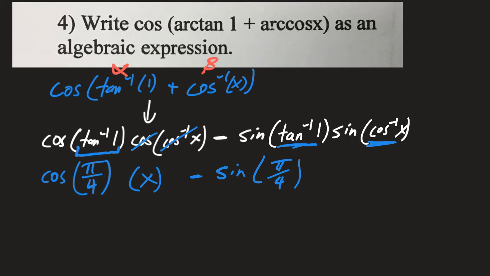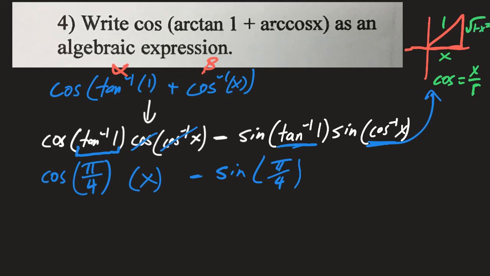You may remember from arc functions that we're actually going to set up a triangle for this and have to solve it out in order to figure this out. And so if we set up our triangle here, we know that our hypotenuse is going to be 1 and the flat side is our x for cosine. And we're going to solve for this missing side, and we should come up with square root of 1 minus x squared.